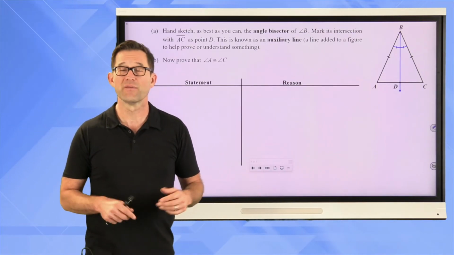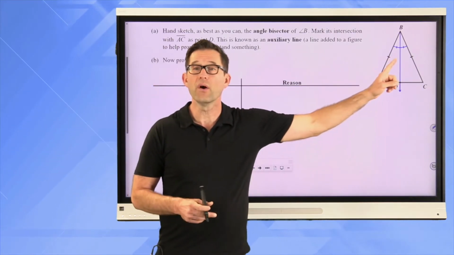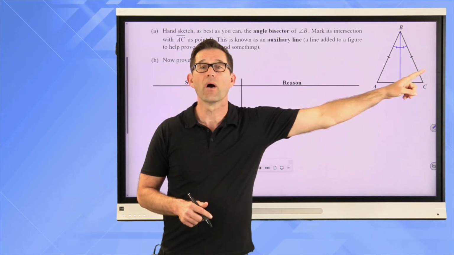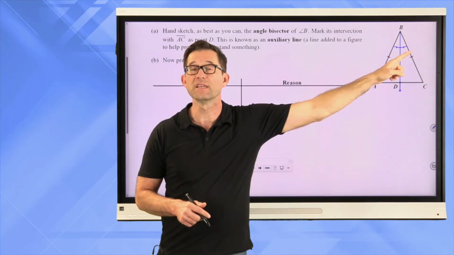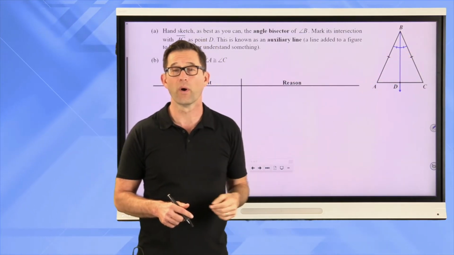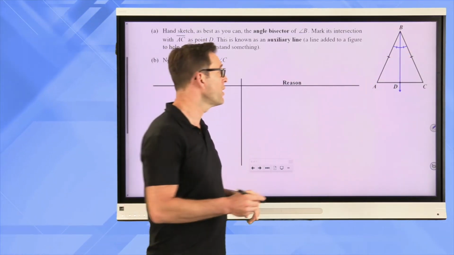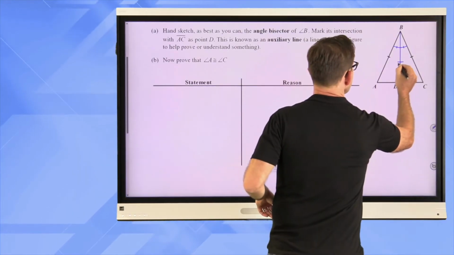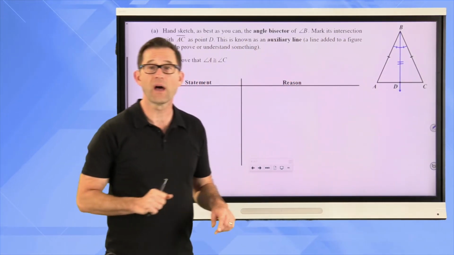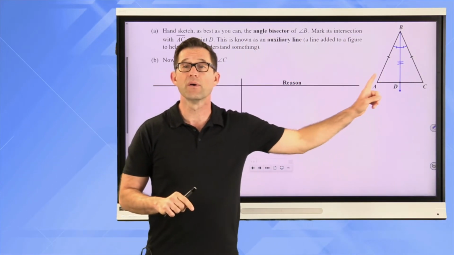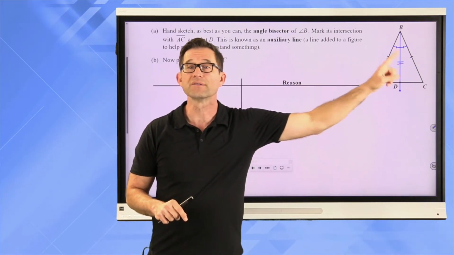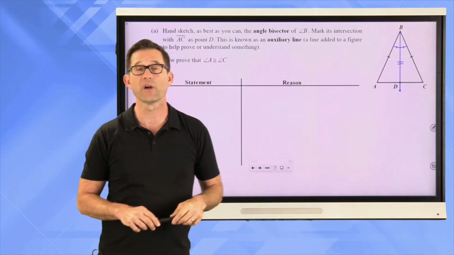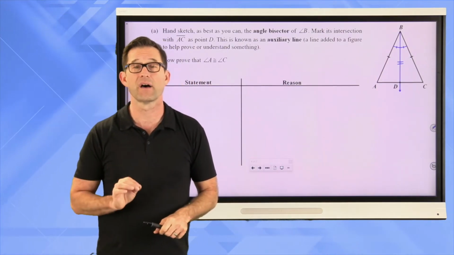Well, it's actually relatively simple, right? At this point, we know that AB and CB are congruent to each other, and we know that angle ABD and angle CBD are also congruent to one another, right? Finally, we also know that side BD is congruent to itself, and that will allow us to prove that triangle ABD and triangle CBD are congruent to each other by side angle side.